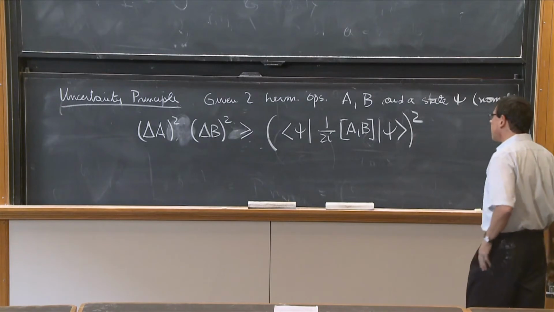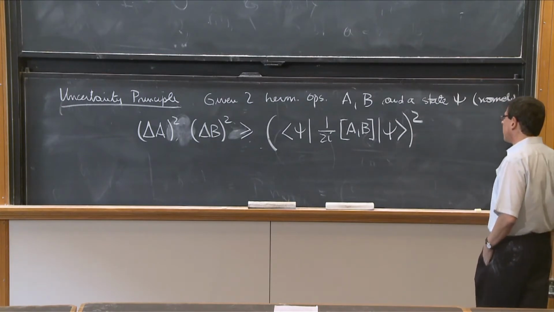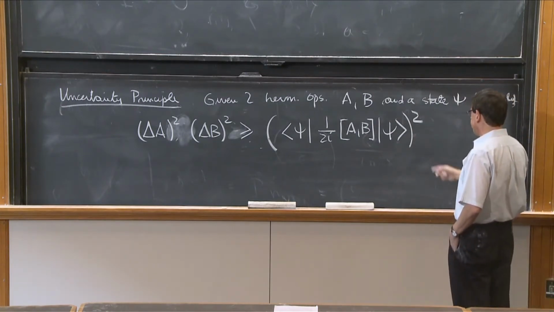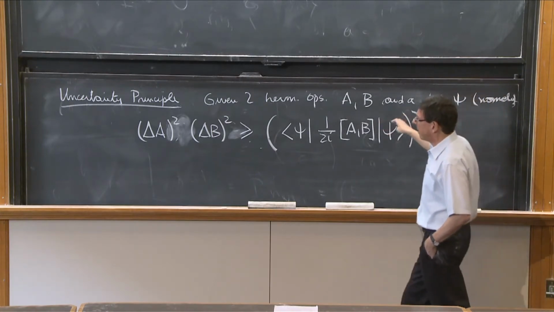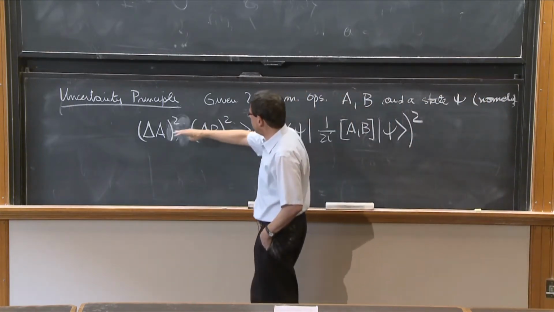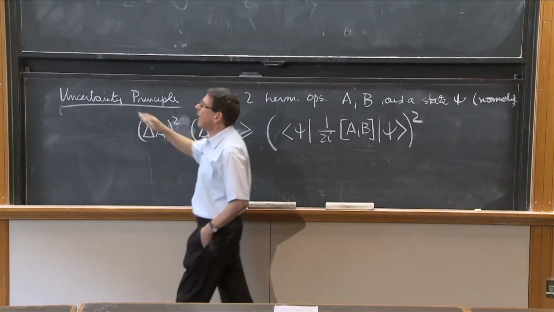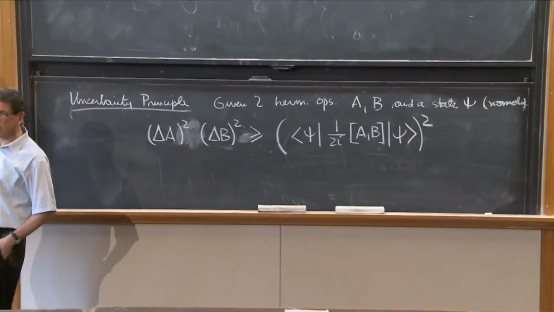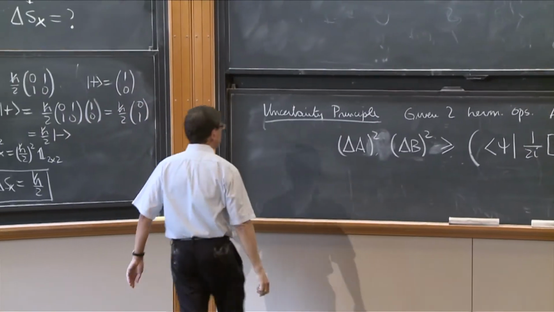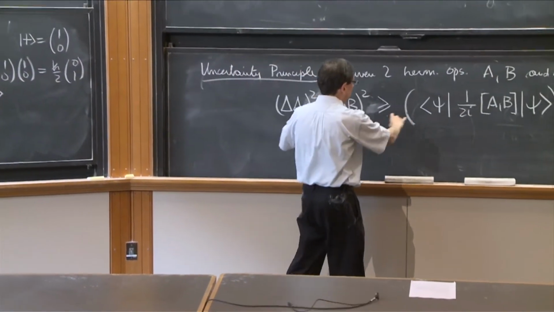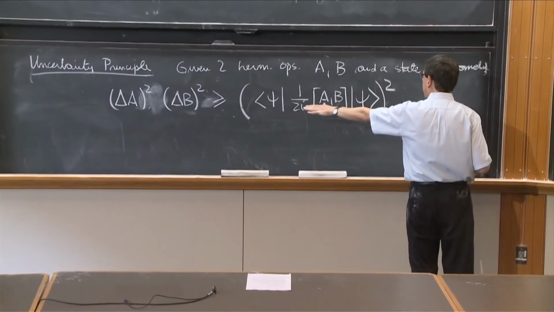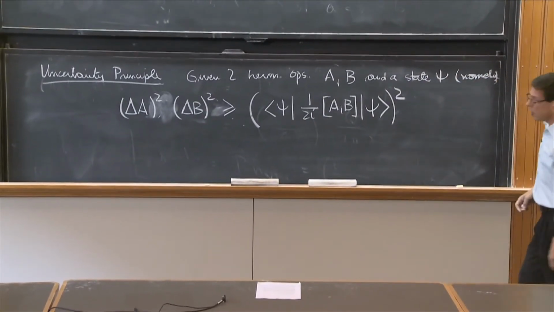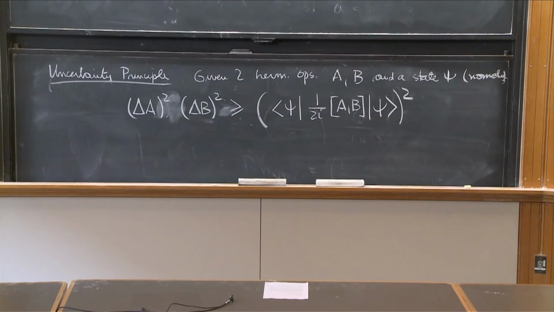Could this be a complex number? If it were a complex number, why am I squaring? That doesn't make any sense. Inequalities involve real numbers. Deltas are defined to be real numbers. They are the norms, so this is real, positive. This would make no sense if this were a complex number. So this number better be real.